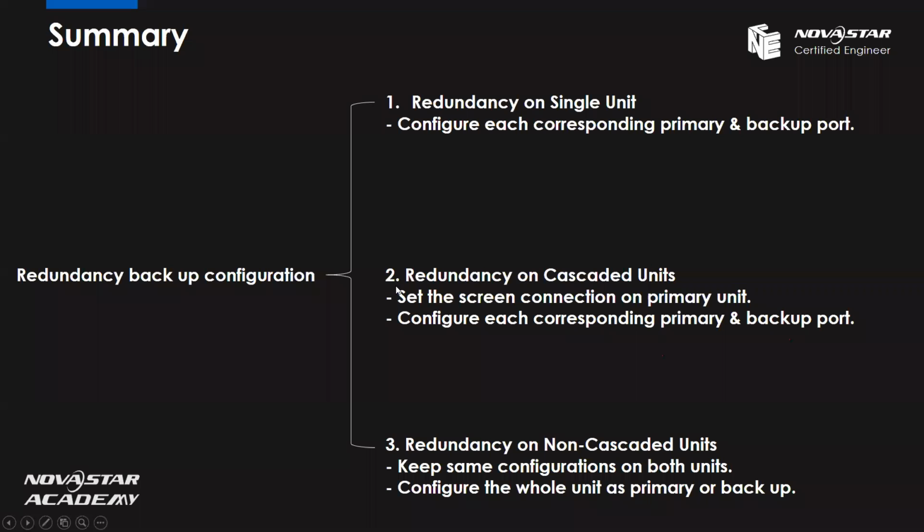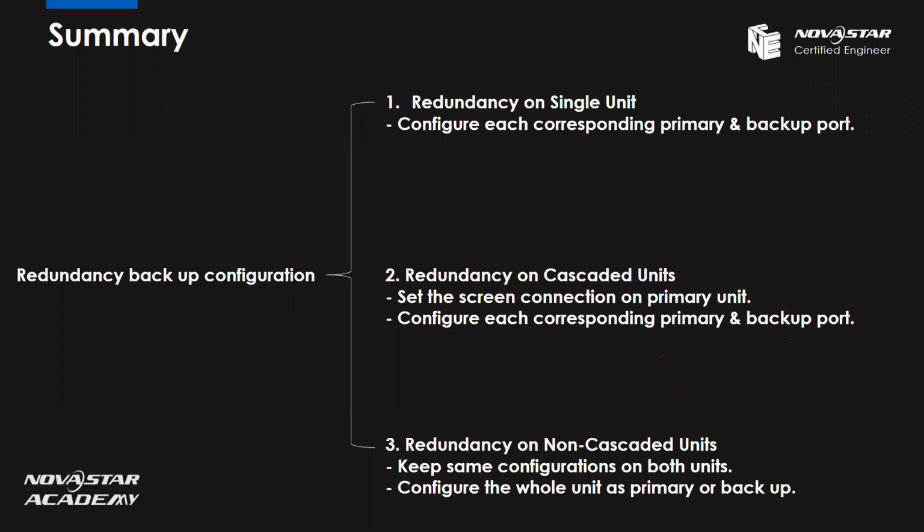And the second one is the redundancy on the cascaded unit. I just showed you different cascaded ways of different controllers. The MCTRL 300, 600 are using a special cable to do the cascading, and MCTRL 660 is using an Ethernet cable to do the cascading. And later on the VX4S, Pro HD, or other new controllers, we are all using the USB cable to do the cascading.